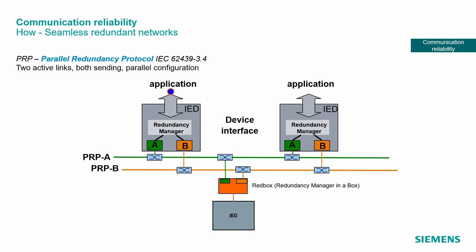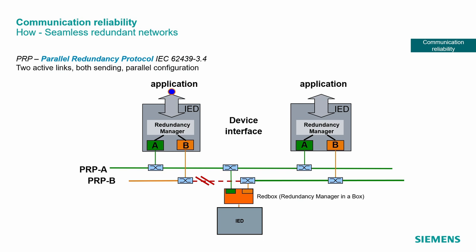So every single message is transmitted through the line A and also through the line B. If the system is healthy, the destination device will receive two messages, and it should be able to recognize the repeated message and discard it. If there are also devices not supporting this PRP functionality which need to be included in the network, it is possible using the so-called redundant boxes or red boxes.